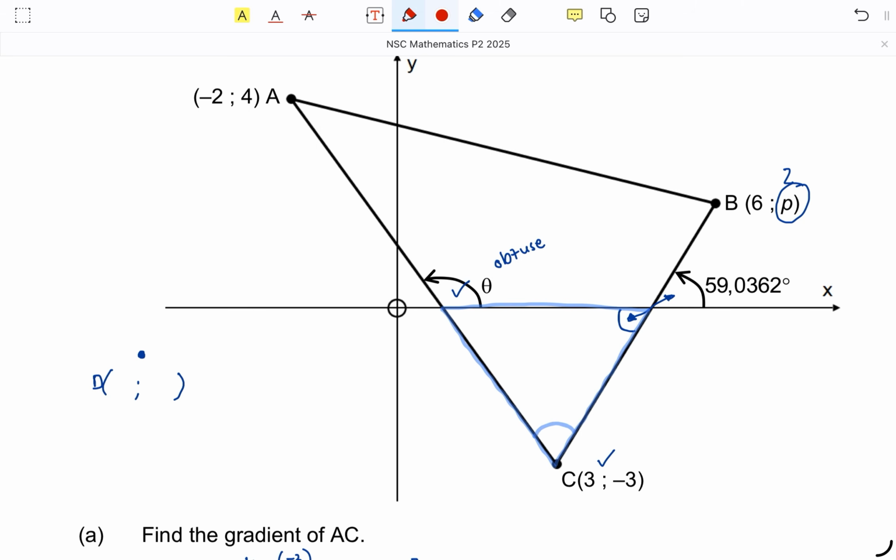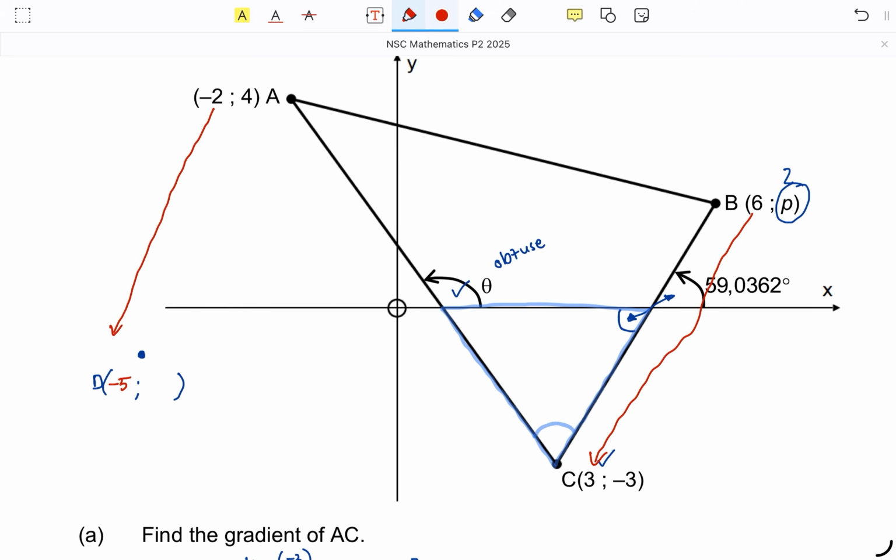So if we break up the distance formula into 2 separate calculations, we can get the shift in the x values, and then we can get the shift in the y values. So the first thing I'm looking at is the shift in the x values from B going down to C. It was minus 3 units. So if we go from A to D and we also minus 3 units, then we get a -5 for the x values.